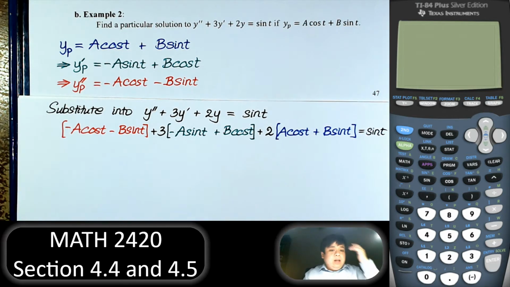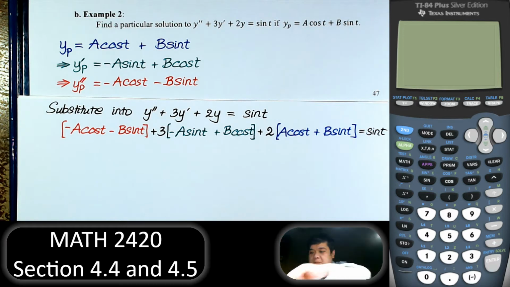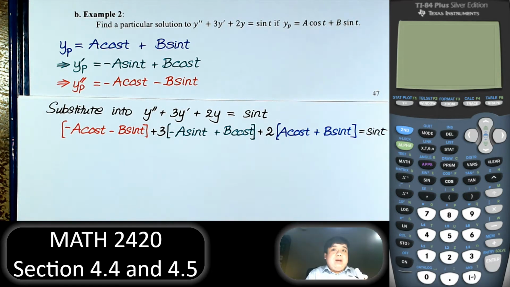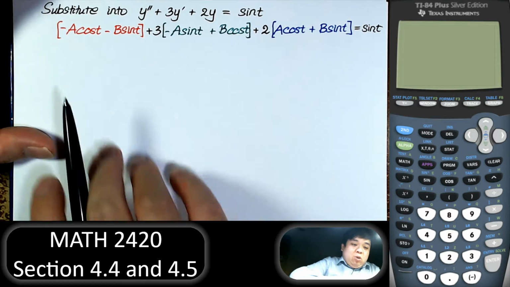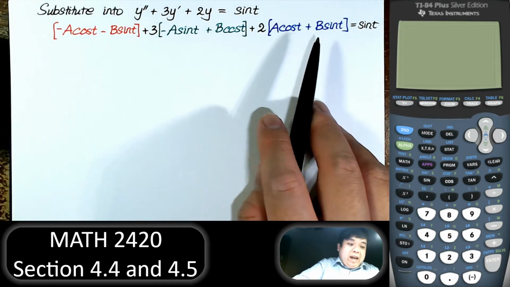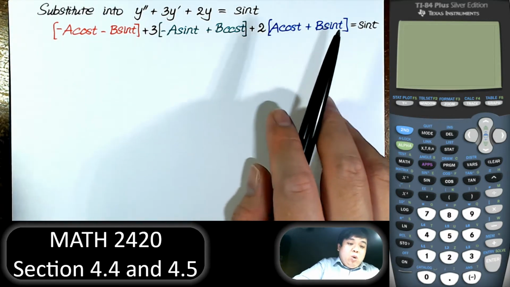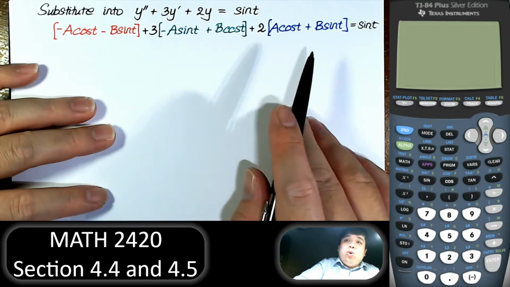Now the next step is to combine like terms, in a systematic way. Of course, we can multiply them out and then combine like terms, but we'll just do this. Notice that when we look at the terms, there's only cosine and sine. So let's group all the cosine together.